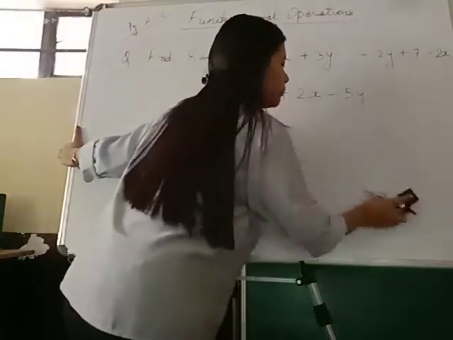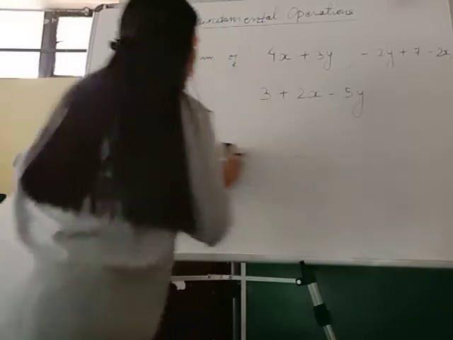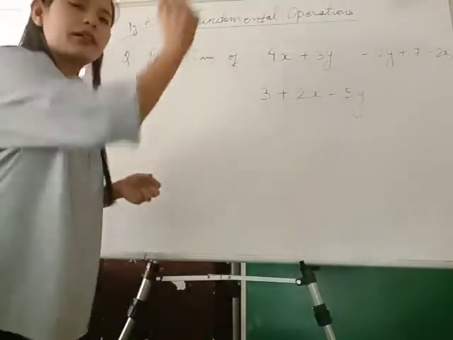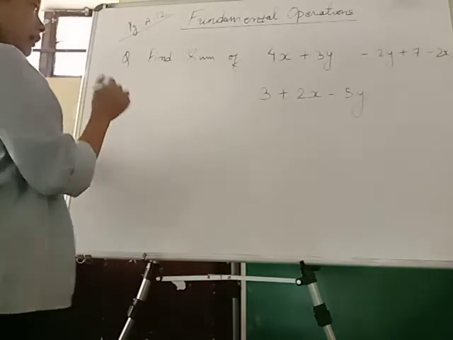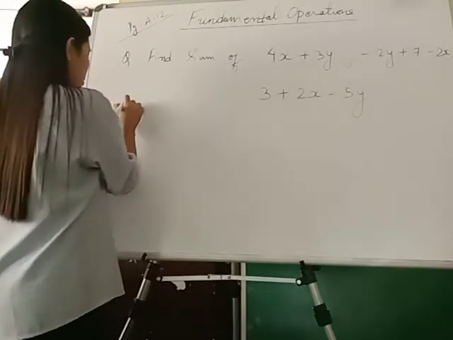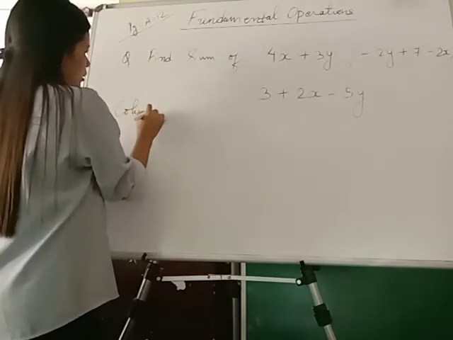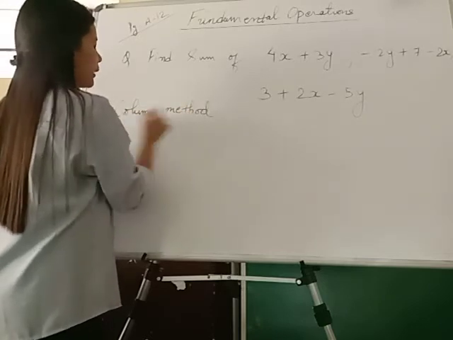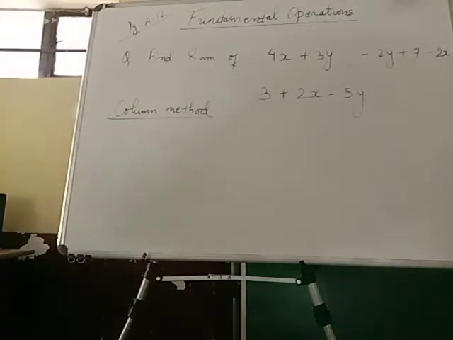Okay, so in the column method, what we do is we try to write all the like terms in a column. Okay, so this is a column method. We even call this the vertical method. Okay, so in this our main idea is writing all the like terms in the same column.